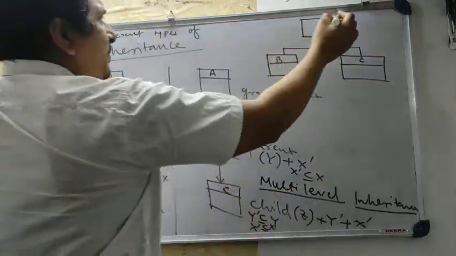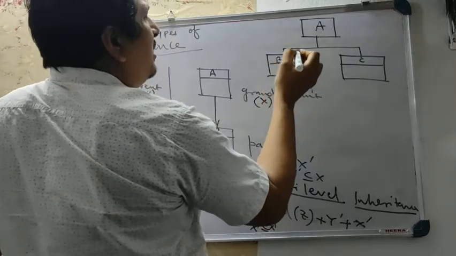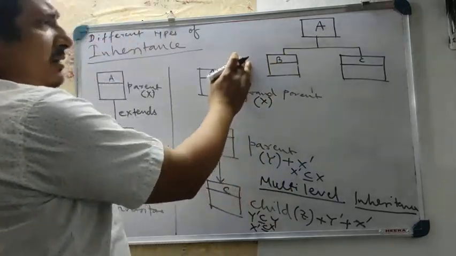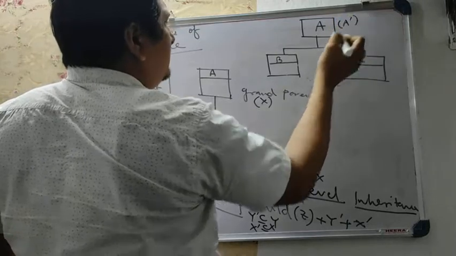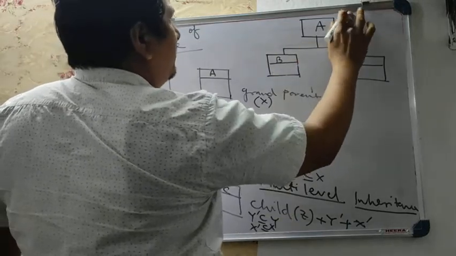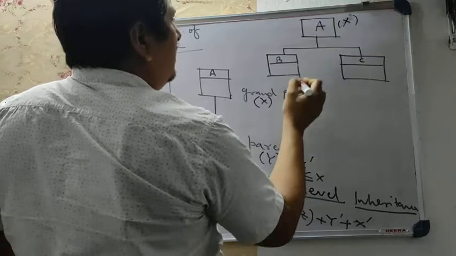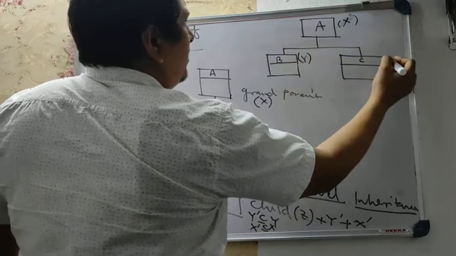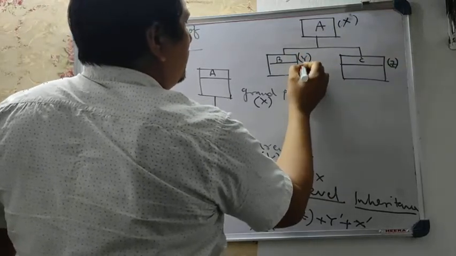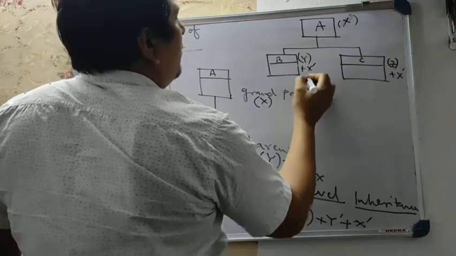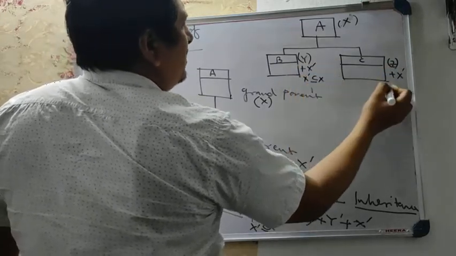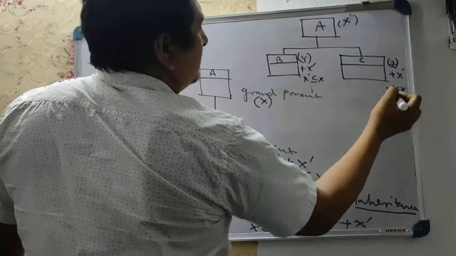So A is the parent and B is a different child and C is the different child. So if it contains A dash, if it contains X, if it contains Y and if it contains Z, so it will be X dash, where X dash is a subset of X, and X dash is a subset of X.